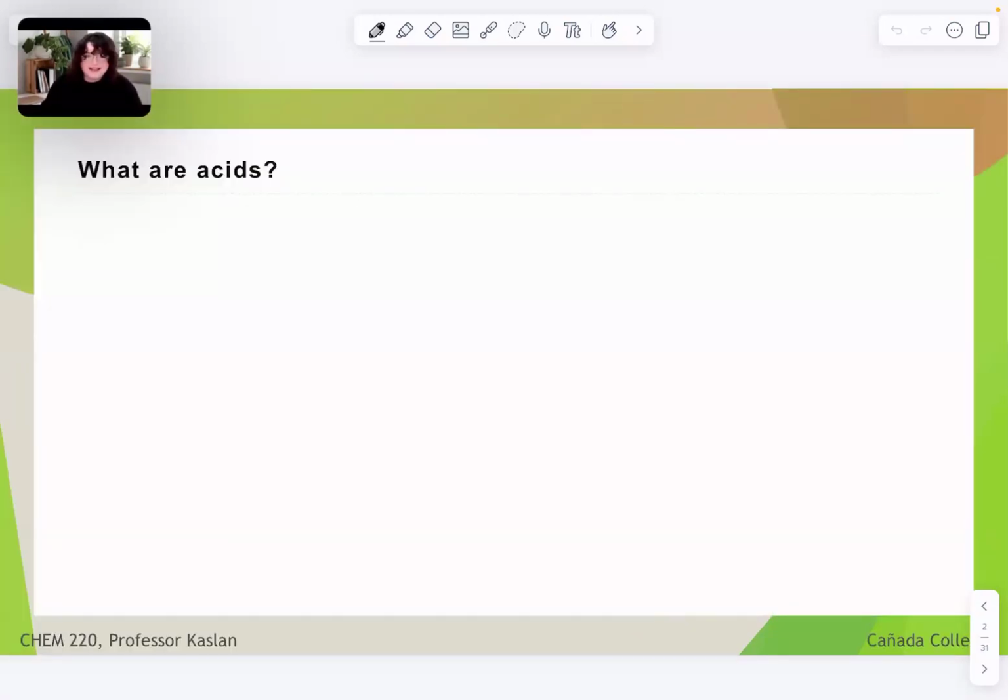What are acids? I believe we touched on this a little bit in lab. The answer to this question of what are acids is actually not one that I can give you in just one single sentence, because it depends on what perspective you're using to define an acid. So we have three distinct definitions that vary based on what you're thinking about when it comes to what an acid is.